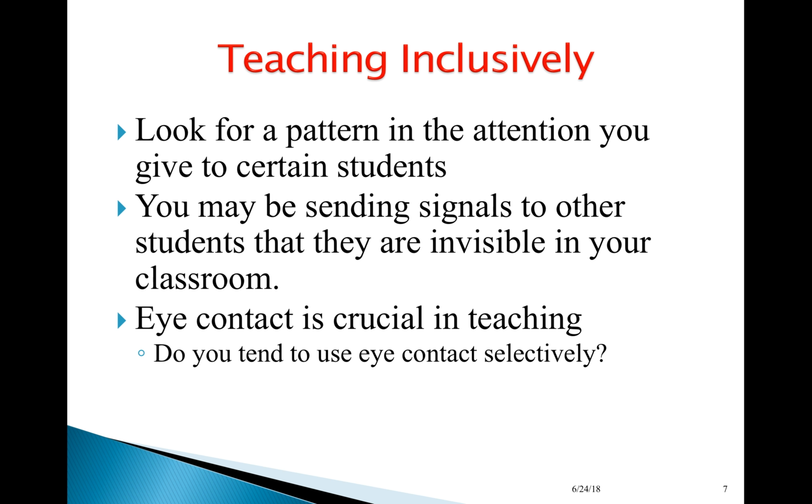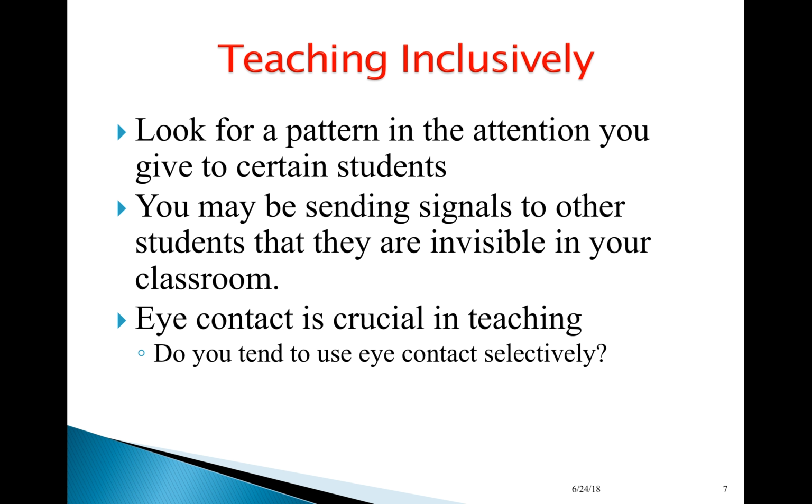Right, so teaching inclusively. You want to look for a pattern in the attention you give to certain students. It's real easy sometimes to only give attention to the two or three students who are raising their hand and answering questions. But you want to make sure that you're providing attention to everybody in the classroom.